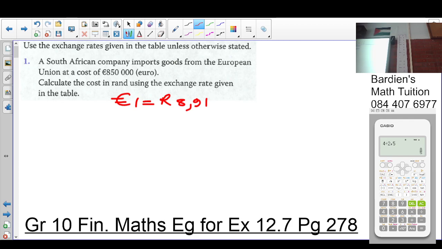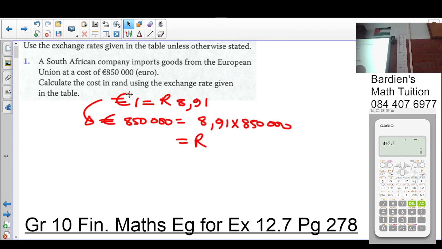So if you're looking at 850,000 euros, how do I get from 1 to 850,000? To multiply it. So 8,91 multiplied by 850,000.